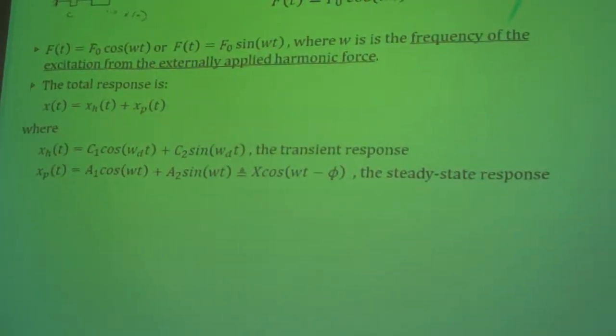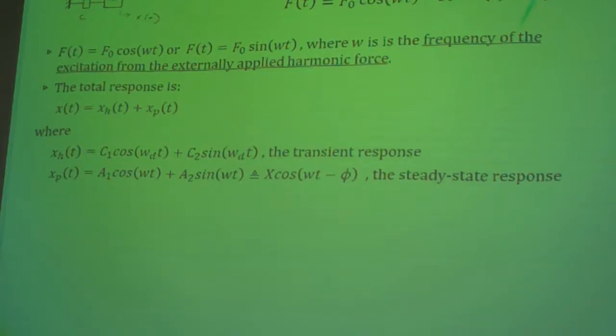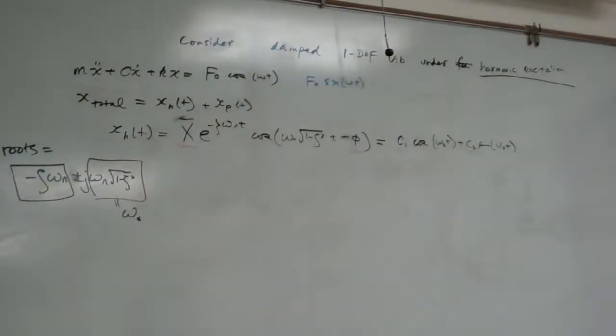So that is our content from the previous chapters, and everything is the same. Right now we notice we have two unknowns, C1 and C2.